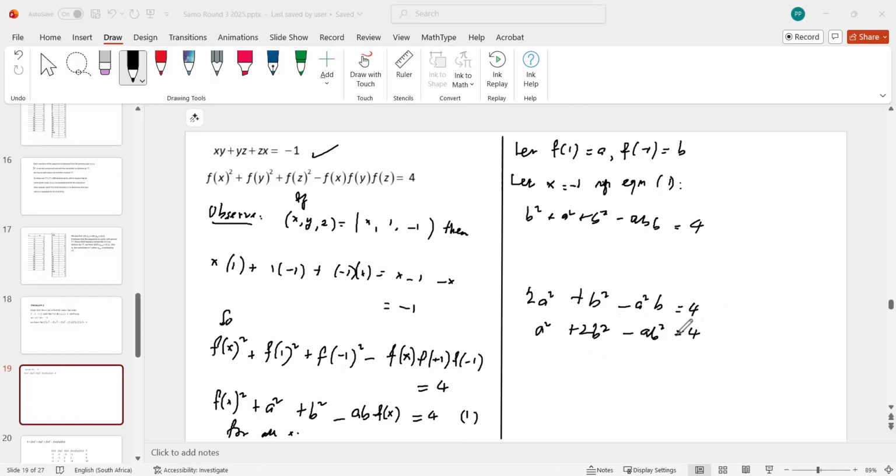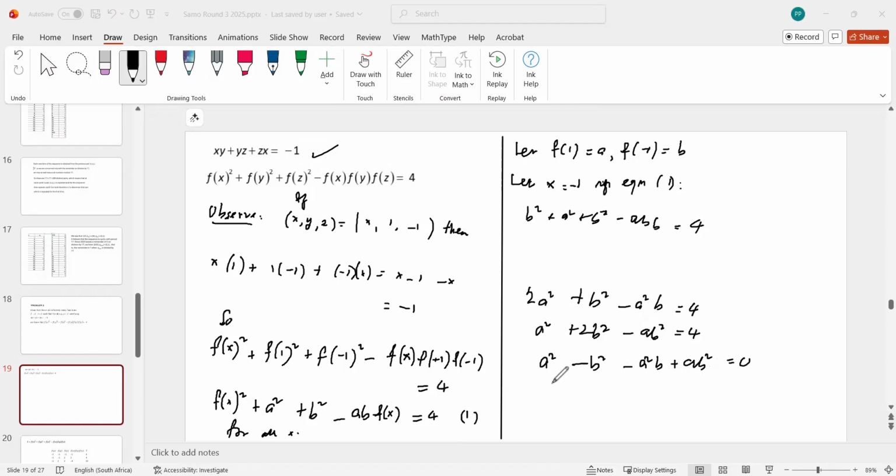Well, you may not have ever seen equations of this type, but since we got 4 on both sides, and normally with equations you try to get to 0 somehow, let's subtract them, and then you have 2a squared minus b squared, and then you have minus a squared b plus ab squared equals 0.